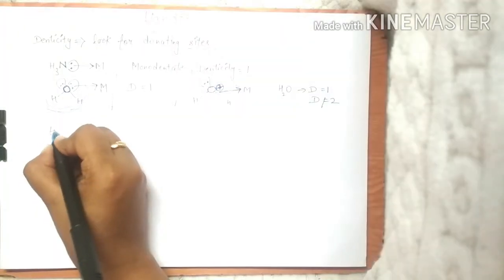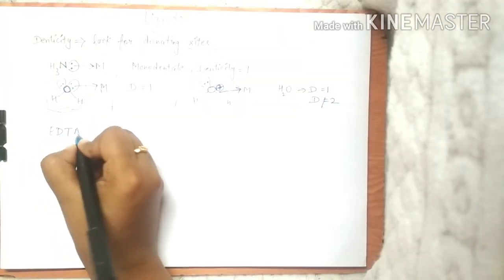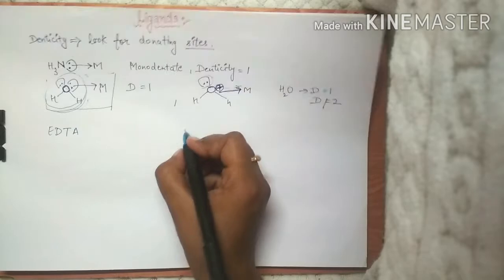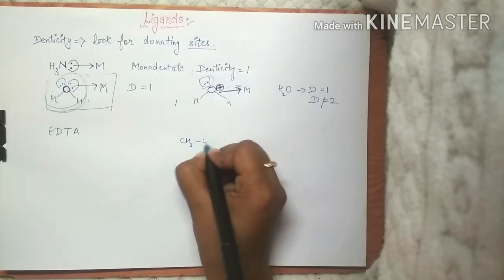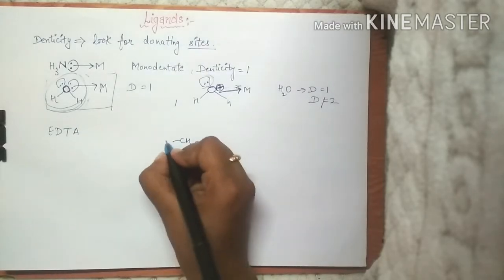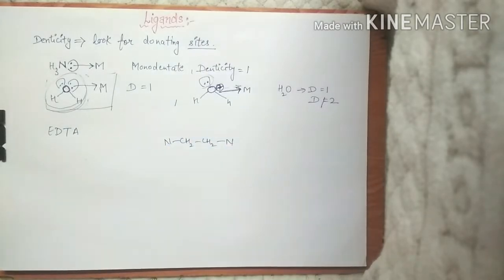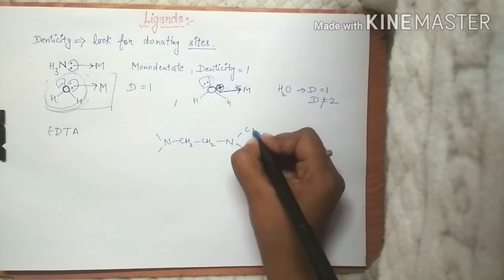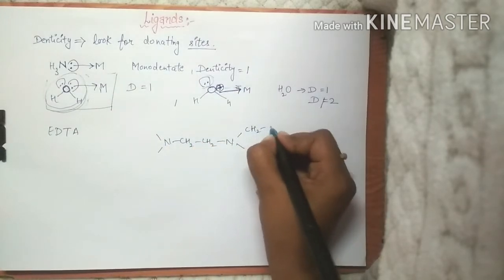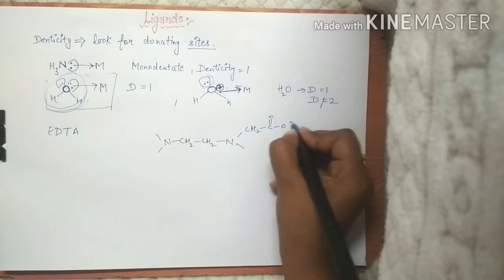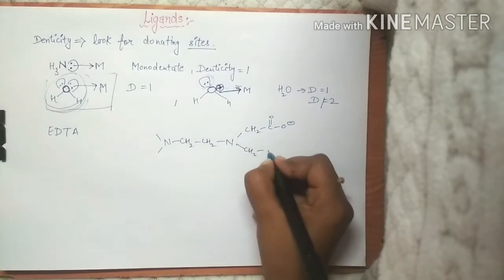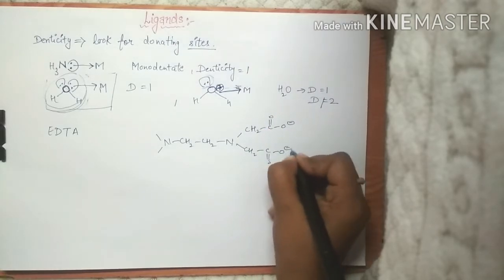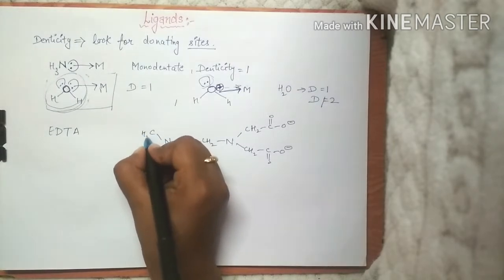Now we'll go for EDTA. EDTA is ethylene diamine tetra acetate. Similarly, two groups here.